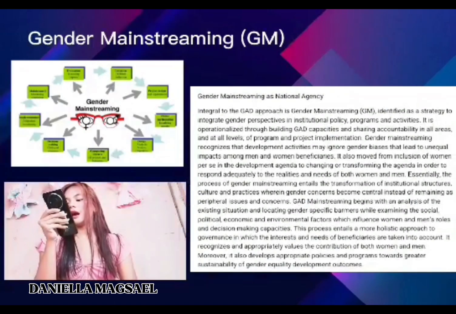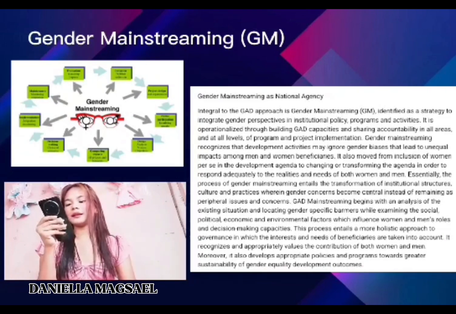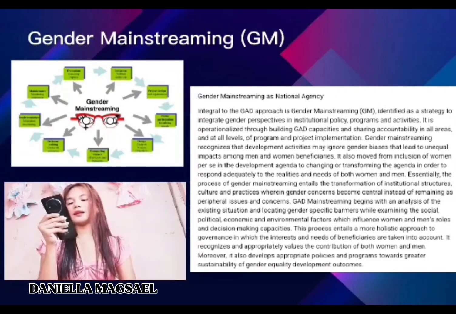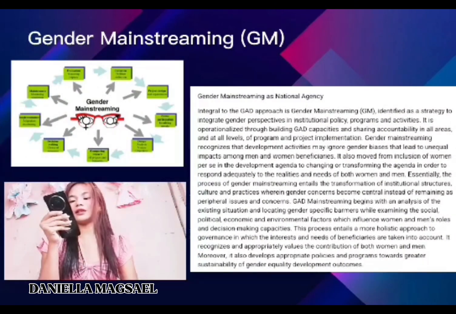It is operationalized through building GAD capacities and sharing accountability in all areas and at all levels of program and project implementation. Gender mainstreaming recognizes that development activities may ignore gender biases that lead to unequal impacts among men and women beneficiaries.